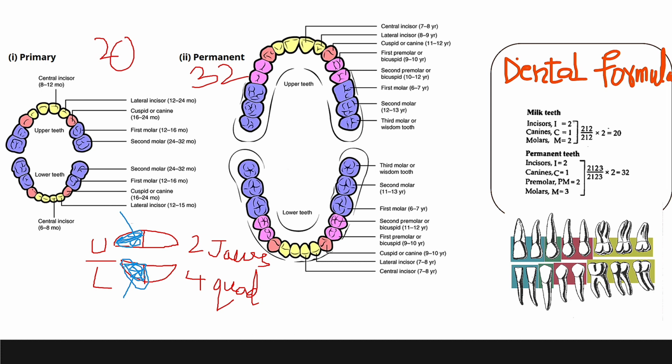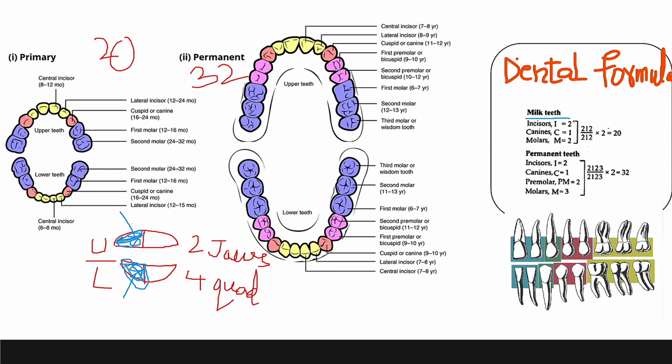For primary, the milk teeth, the dental formula is 212, as we don't have premolars. Before that, let's know the different tooth names. I'm telling the tooth names of a single quadrant.